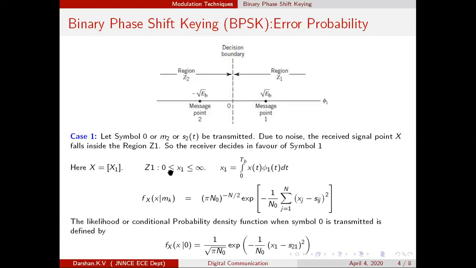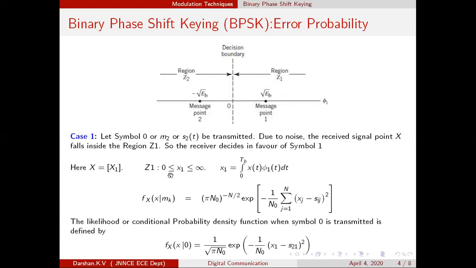So what does this mean? This indicates that X1 has fallen in the region Z1. I repeat, Z1 is the region which starts from 0 and ends at infinity. So mathematically, if the received signal falls in the region Z1, it can take only positive values.